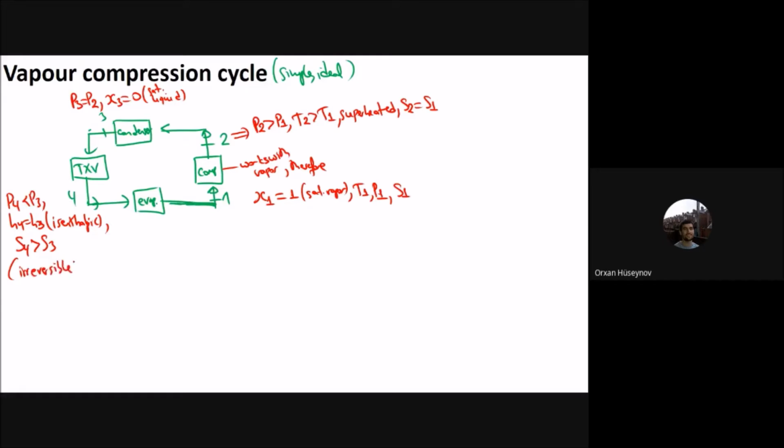If you remember from the fluid mechanics course, you have the KL coefficient. This minor loss coefficient is an irreversible loss, and it creates the drop in pressure. Here I've written thermal expansion valve, but any valve or any flow restriction device is okay.